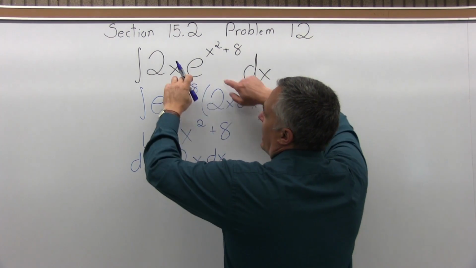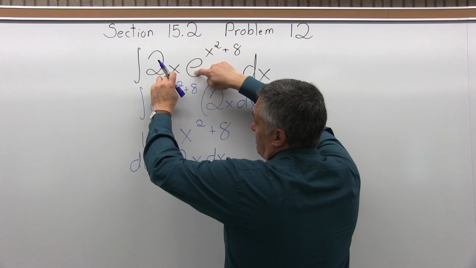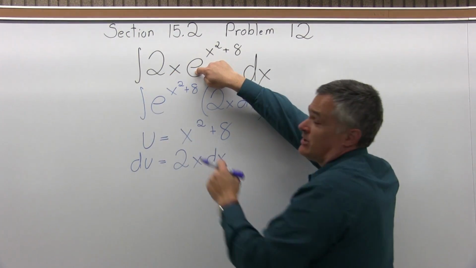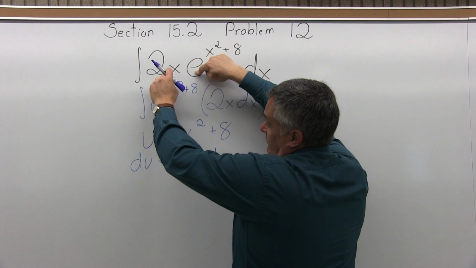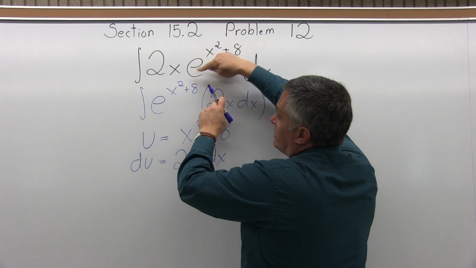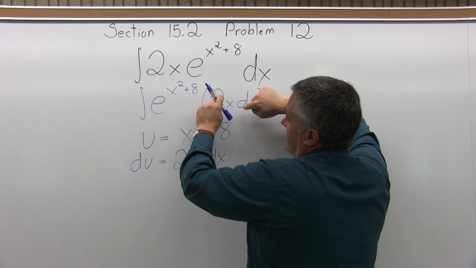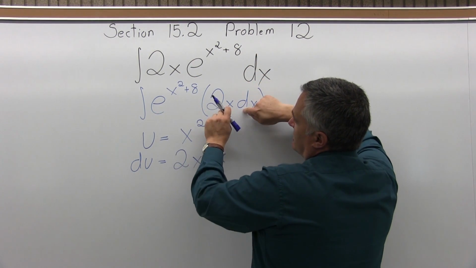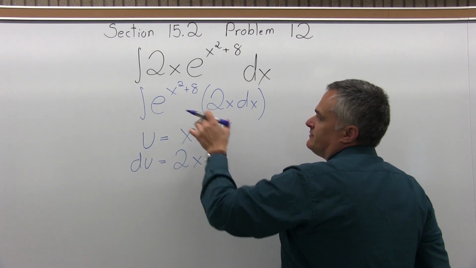And I can do that because the parts are being multiplied together, so it doesn't matter what order you multiply the parts in. I can put the 2x in front if I want, or I can put the 2x at the end if I want, whichever one I like. So at the end, it's going to be an easier matchup to see how it matches for the du. That's why I'm pulling it back.